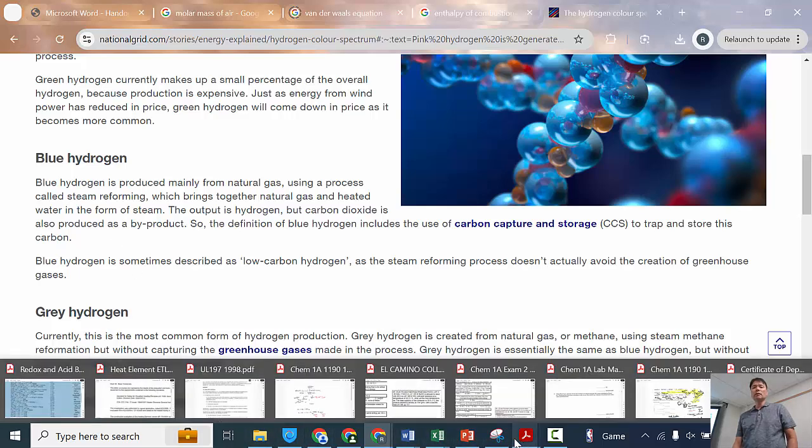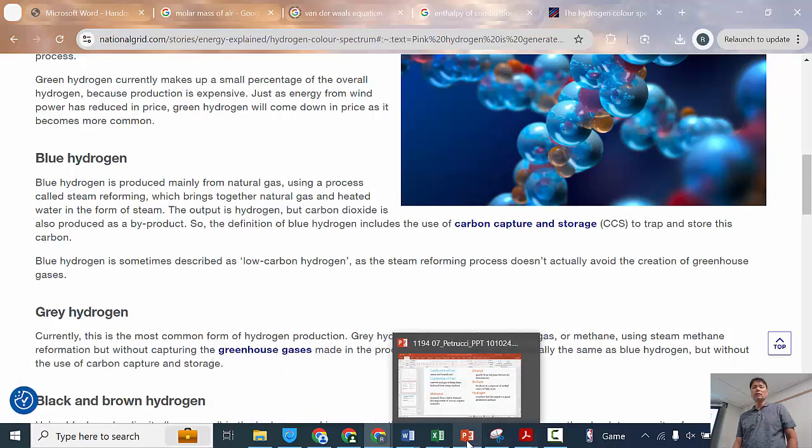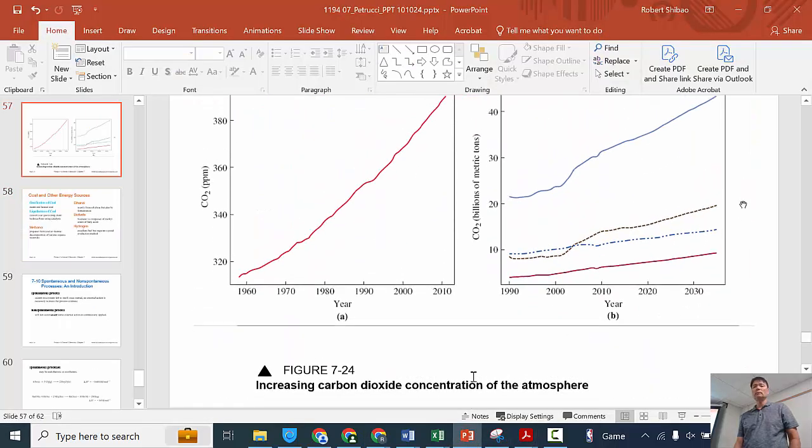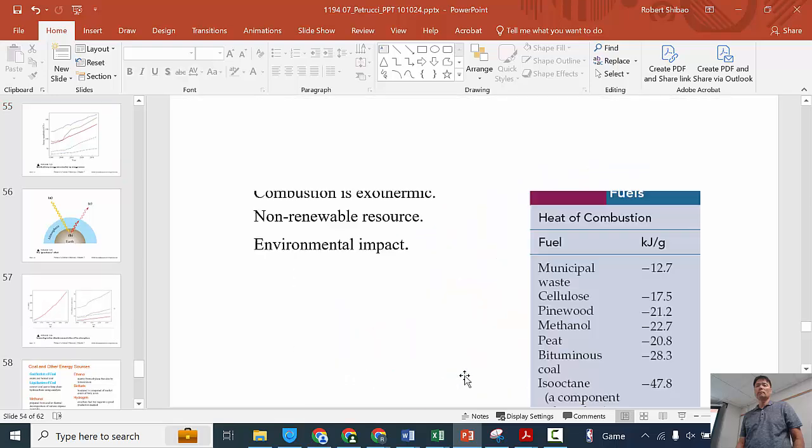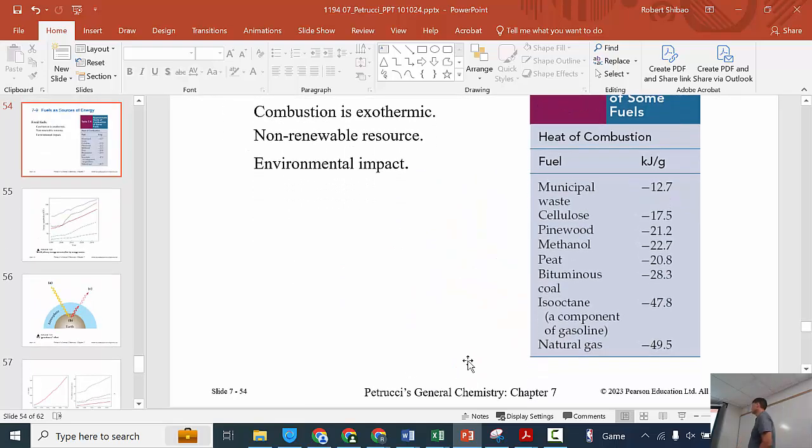But when you look at the fuel rating here, methanol is 22.7 kilojoules of energy per gram, and isooctane is like gasoline. So gasoline's around here. This means you get a lot of power, but you have to use a lot of fuel for that. And so you need a bigger gas tank, and you need a bigger fuel pump and this kind of stuff. But it's a lot cheaper than buying race gas.